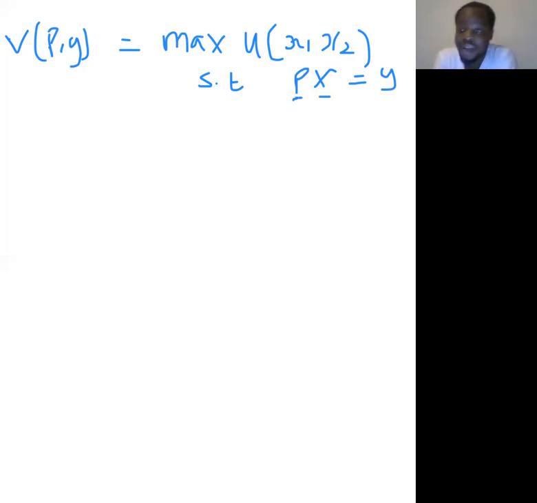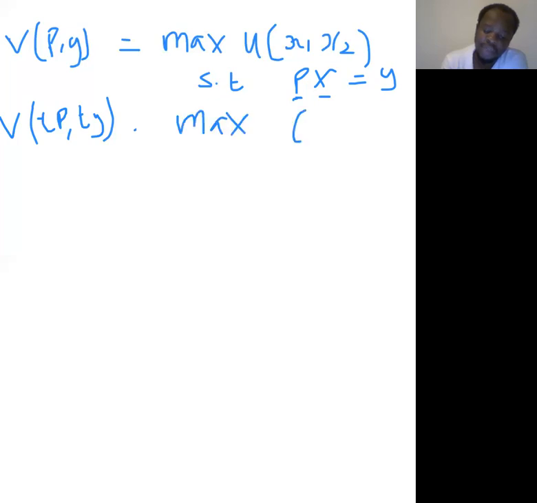So we are looking at a situation whereby the prices and income have changed by a certain proportion, that is T. So let's say V of TP, TY. So this is just to say that prices have changed by T% and income has also changed by T%. This should be equal to maximize utility of x1 and x2 subject to TP times x, equals TY, right?